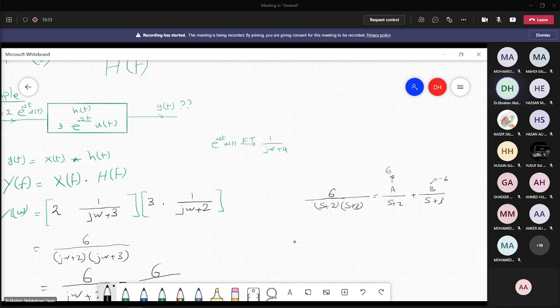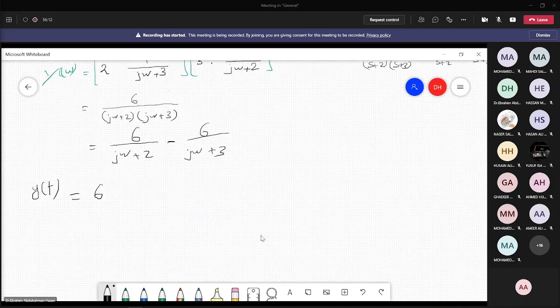That means if you have 1 over j omega plus a, then the inverse Fourier transform is equal to e to the power of minus at u(t), where a is this one. So this part is equal to e to the power of minus 2t multiplied by u(t).